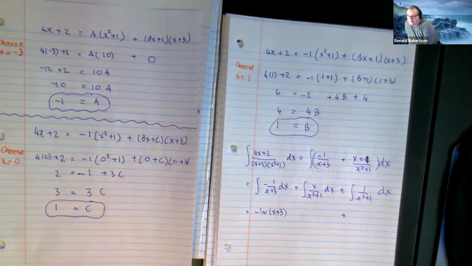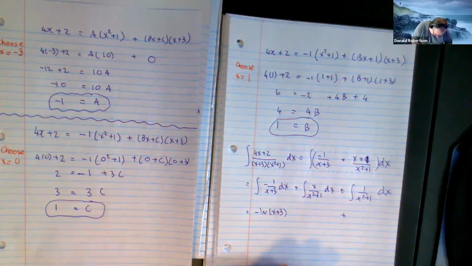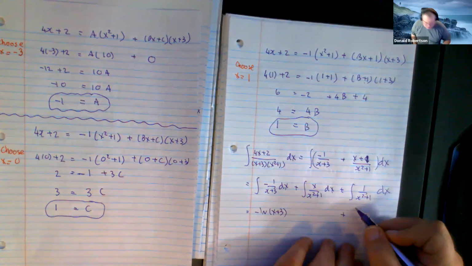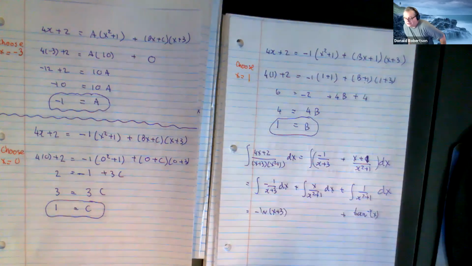Oh, come on. Inverse people amongst you. Come on. What is it? It's inverse tan, right? Yes, it's the inverse tan. Now, what do you think I'm going to do to that middle guy? X over x squared plus 1.